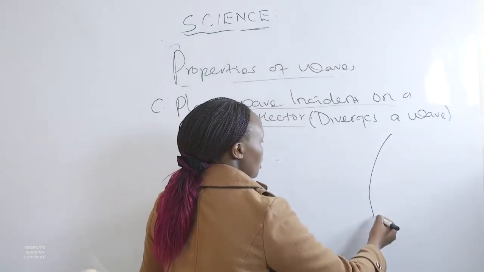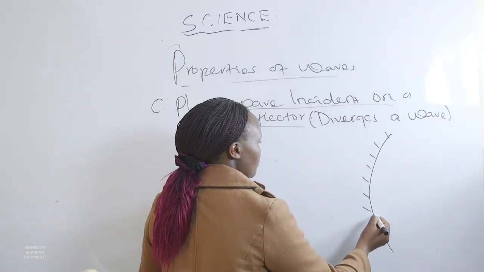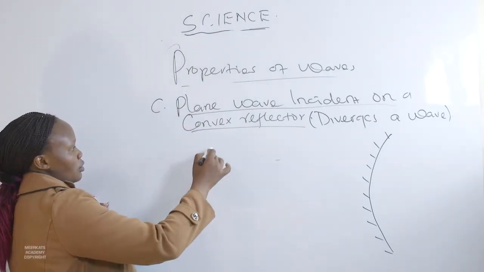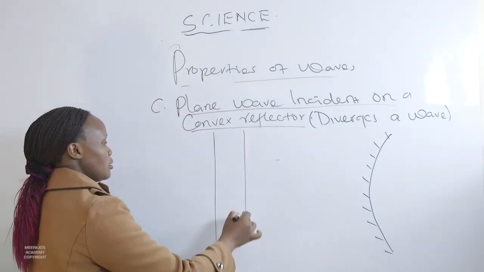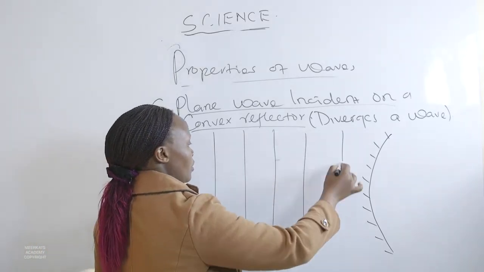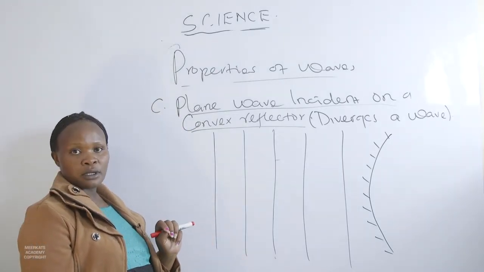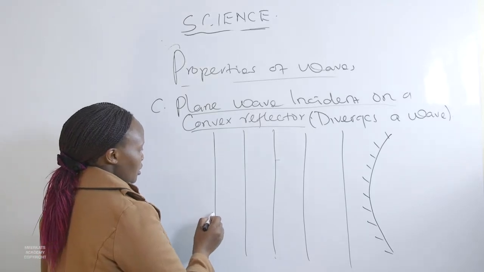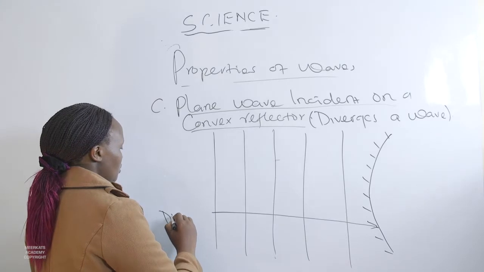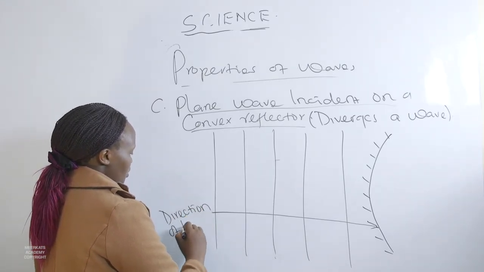Therefore, if we consider a convex reflector, we bring some plane wavefronts so that they are incident on it. This is the direction of the incident wave.